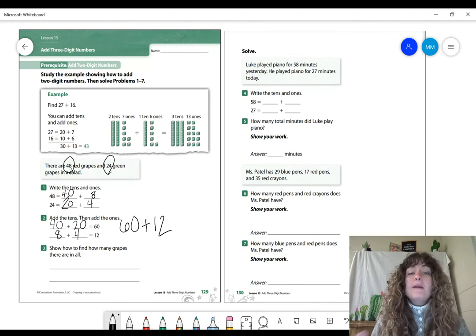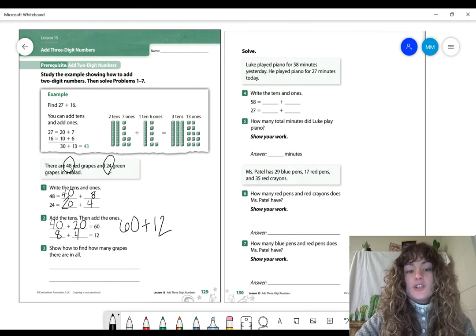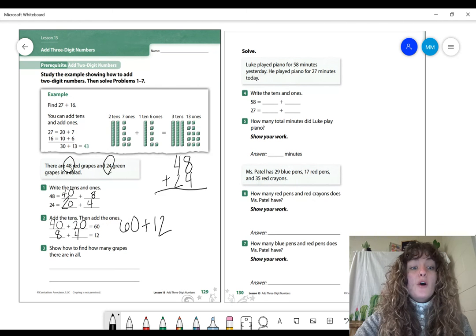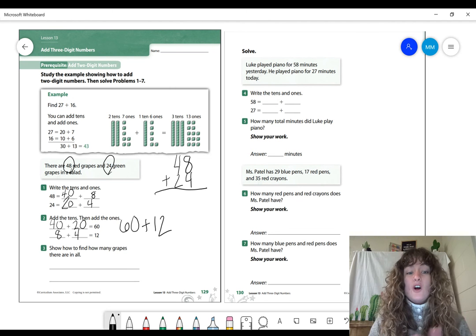Now, remember, when we are adding, for example, if I were to show this equation like so, 48 plus 24, and I were to solve it this way, and I start in my ones place, I know that with my ones, there are 12 ones altogether.